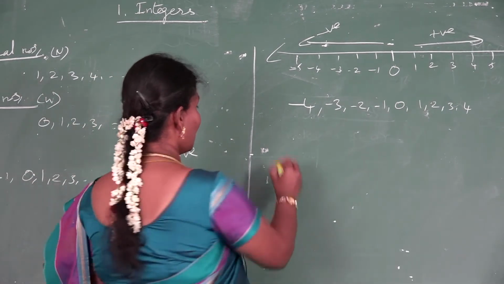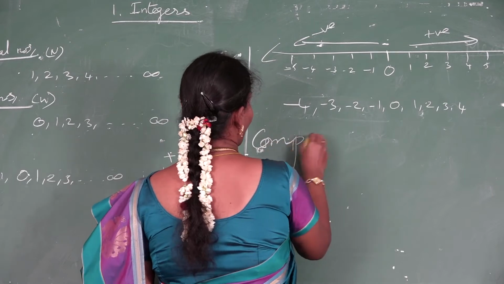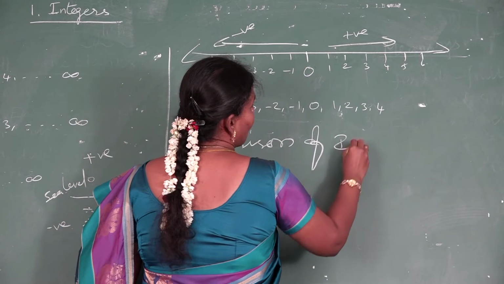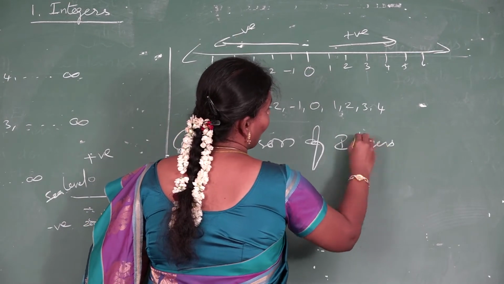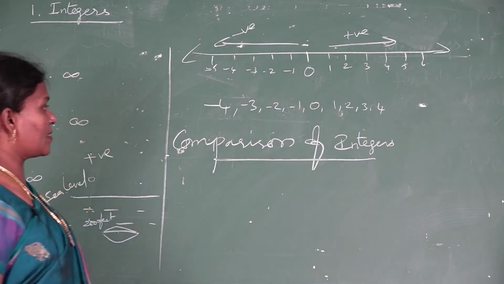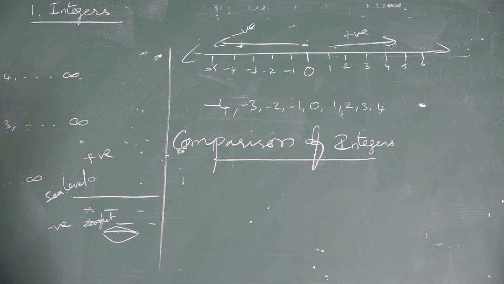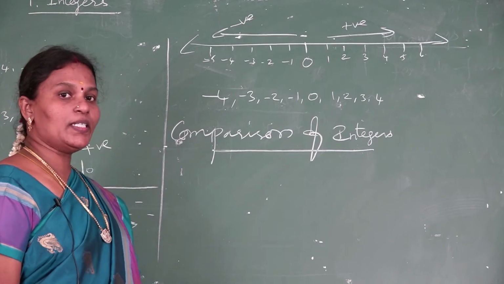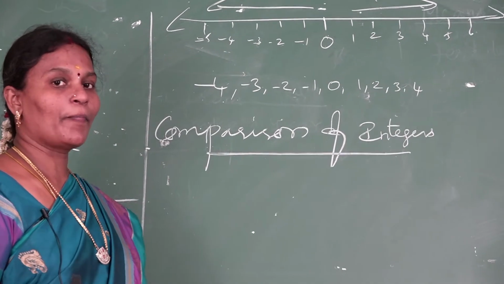Okay. Now, you see, comparison of integers. The first one is the positive integers compared with 0.